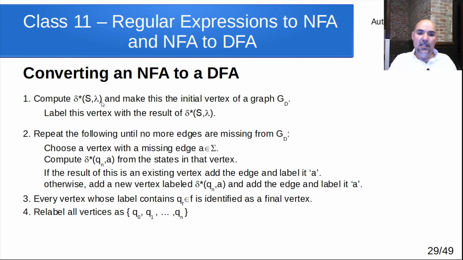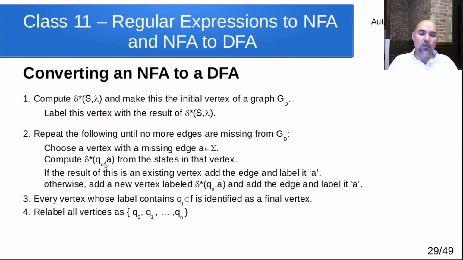And then after we've done that, we're going to repeat the following until there are no edges missing from our DFA graph, or G sub D. So first we pick a vertex that has a missing edge, meaning that we found a circle in our graph where there's a symbol from our alphabet that does not have an edge leaving that vertex. So we choose a vertex with a missing edge, and then we compute using that symbol that was missing from the set of states that are in that vertex.